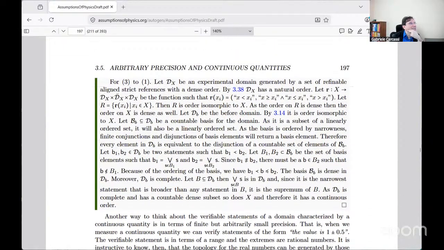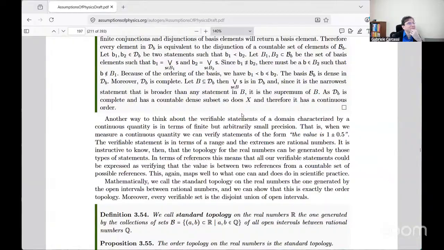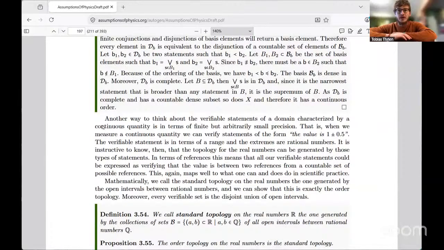And so, as I said, I skipped the proof, but the main points that I said were there. It's what really allows us to get the completion is the topology. Okay. Another way to think about the verifiable statements of a domain characterized by a continuous quantity is in terms of finite but arbitrarily small precision.